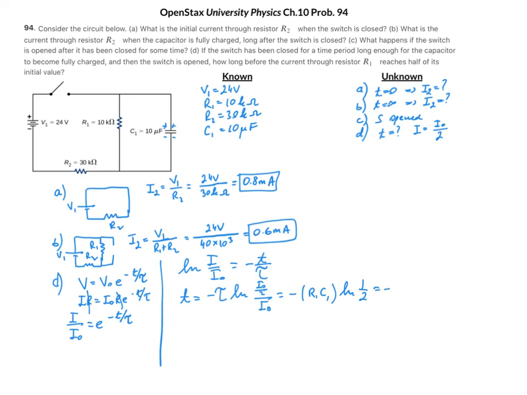So that is negative R1, 10 kilo ohms, times 10 microfarads, natural log of 1/2, and we end up with t equals 0.0693 seconds. So that is how long it takes for the current to fall to half its original value through this resistor.